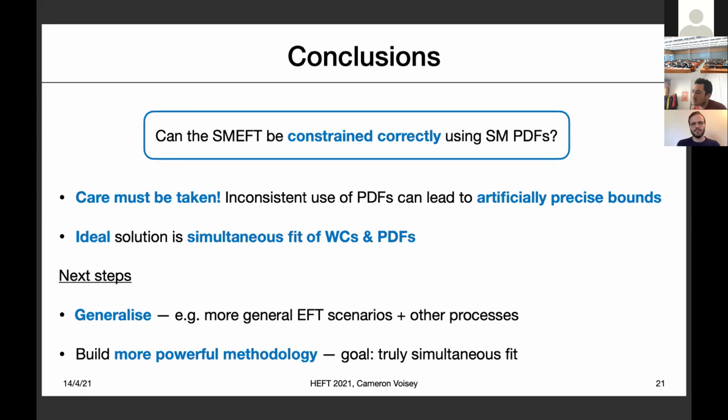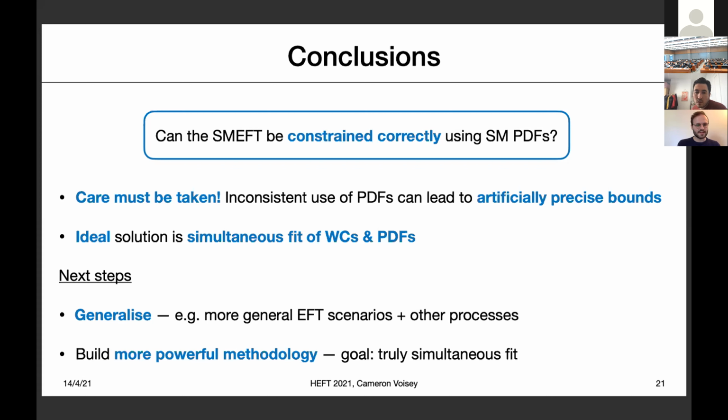The best way to constrain the Wilson coefficients accurately is to have the full joint probability space of PDFs and Wilson coefficients, because you can't be sure that when you are doing your scans you're near the global minimum of the chi-squared, for example, if you're just looking at the Wilson coefficient space and ignoring the PDF space. So there's some non-negligible interplay between the two.